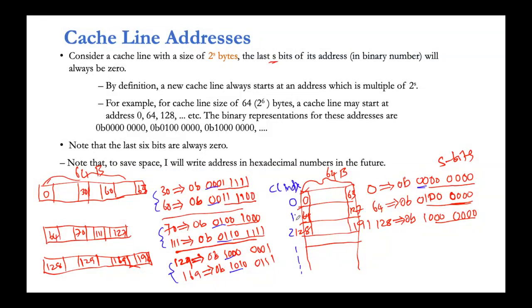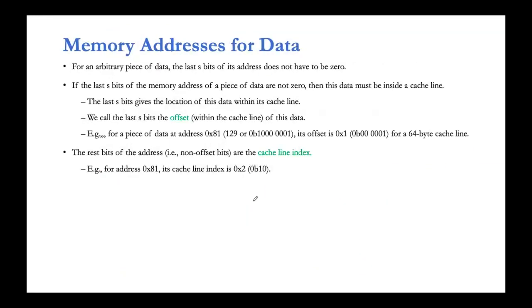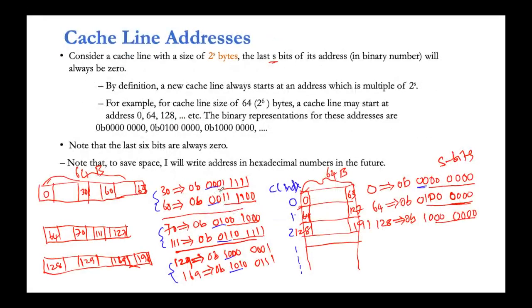Okay, so from this we can conclude that, as just discussed, for memory addresses at the start of a cache line the last bits are 0. The address of any arbitrary piece of data is separated into parts, where the last few bits are non-zero. We call these last bits the offset.